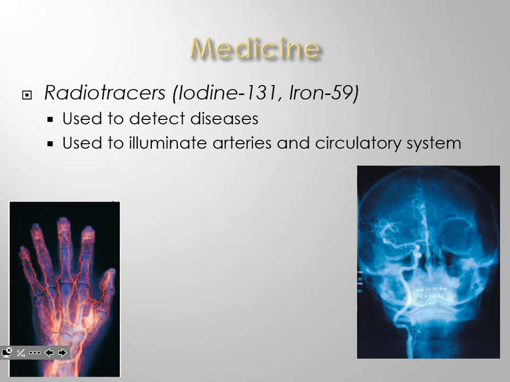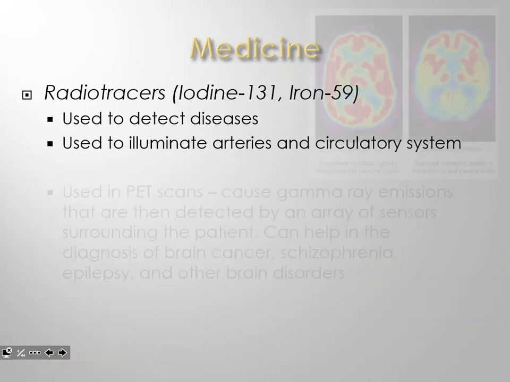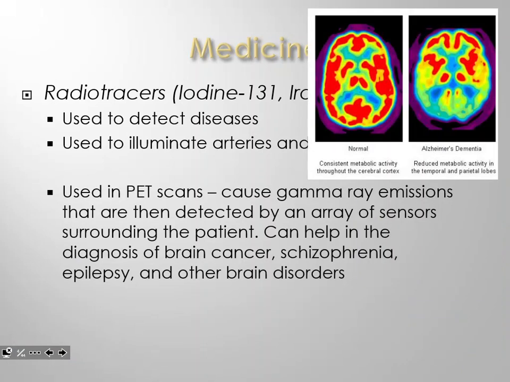Okay, so yes, it does bring pictures up, as you can see on the screen, giving you a better idea, and they can look at and see different symptoms based off of the scans. Another example shown here is PET scans, which detect gamma ray emissions with an array of sensors around the patient, and they can help diagnose lots of different conditions like brain cancer, schizophrenia, and epilepsy.